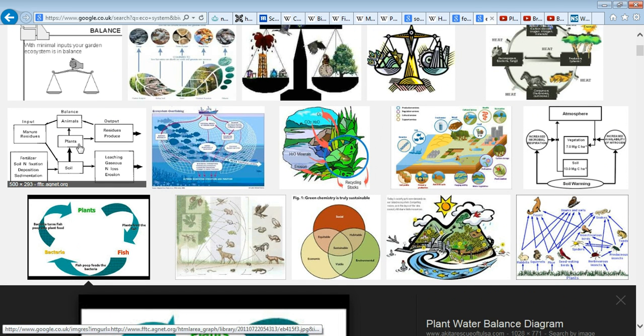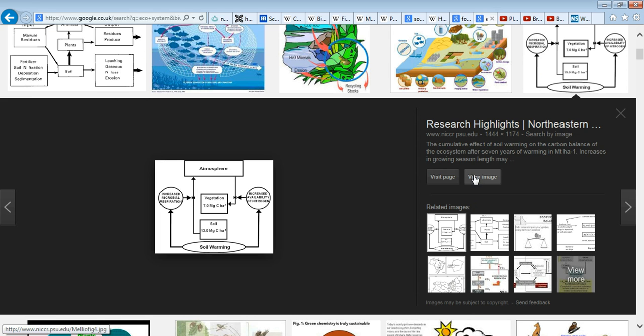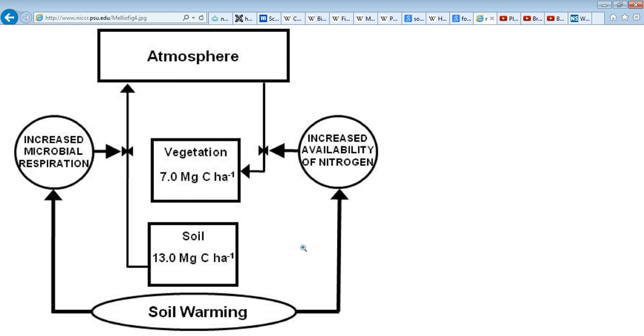Let me take you to when I was talking about the gases that also need to be in existence. So when the soil warms, it gives you increased nitrogen. Nitrogen goes into the atmosphere, and that's good for helping the vegetation. When the soil warms, you get increased microbial respiration, and that goes into the atmosphere and helps the soil.